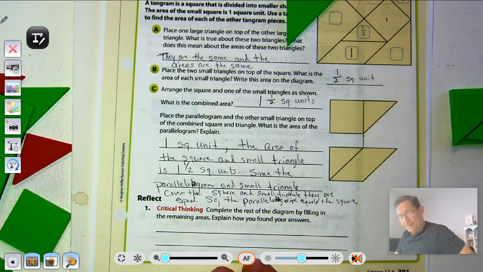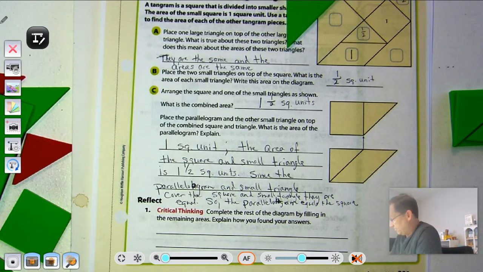So what would be the area of the medium triangle? So let's put this together with what we have so far.